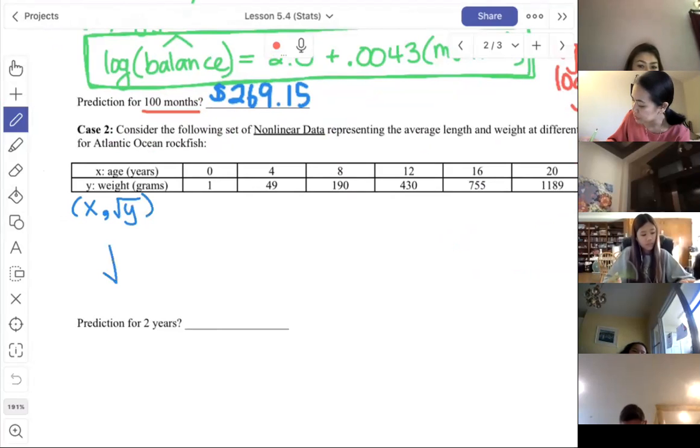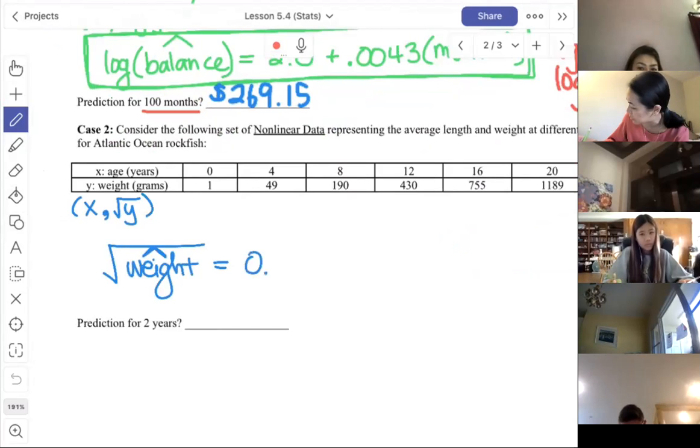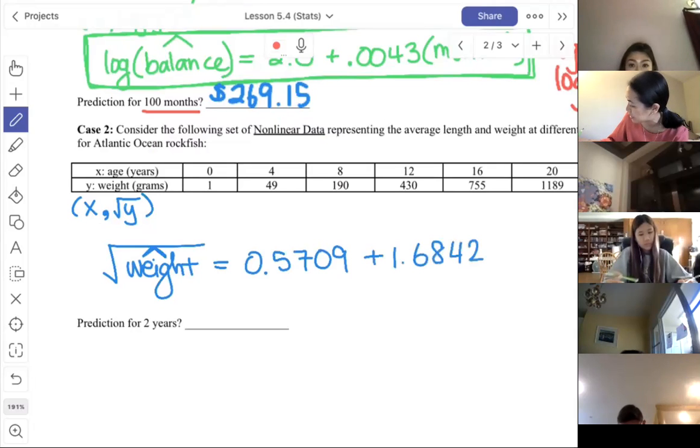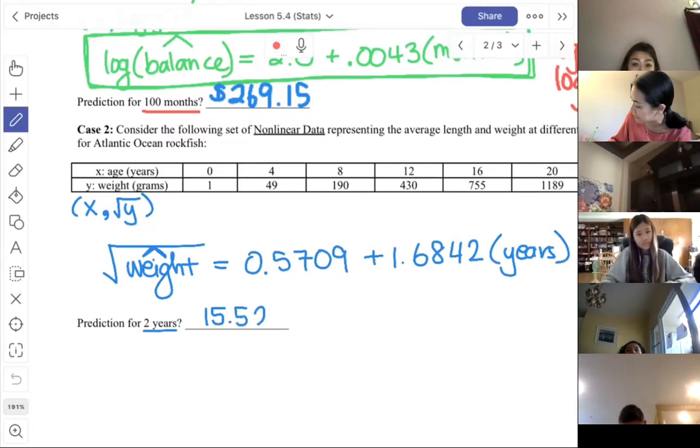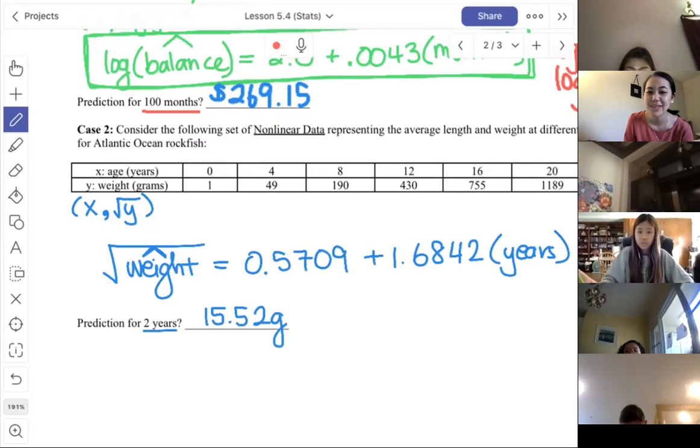So the square root of the predicted weight is equal to 0.5709 plus 1.6842 times years. And the prediction for 2 years was 15.52 grams. All right.